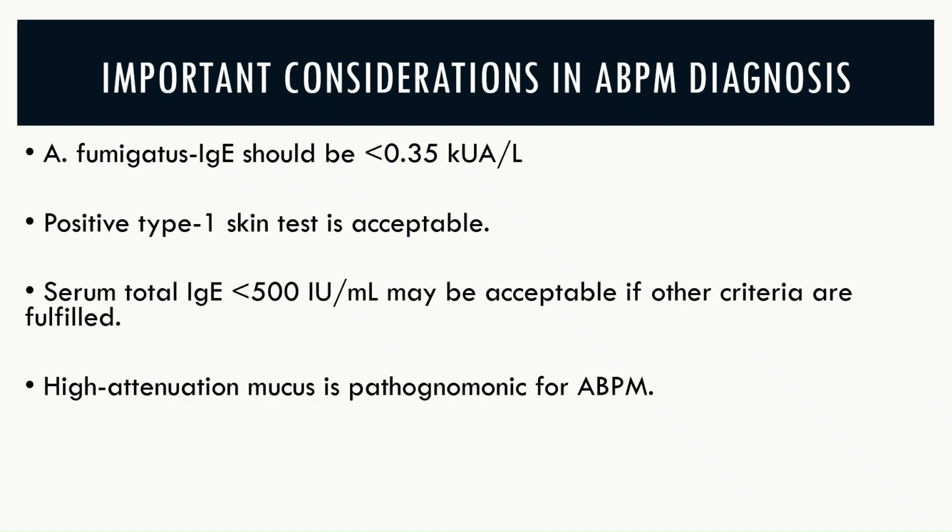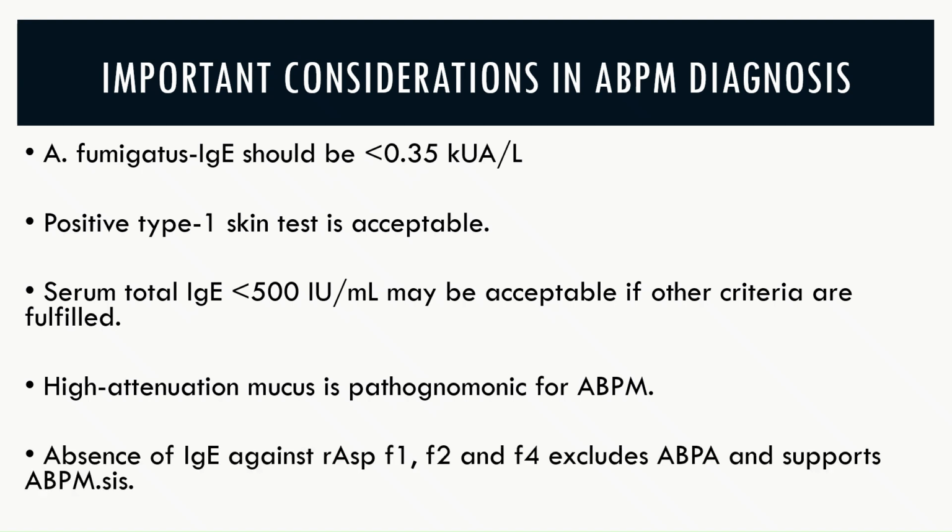High attenuation mucus is considered pathognomonic for ABPM. Finally, absence of IgE antibodies against recombinant Aspergillus antigens such as rAsp f1, f2, and f4 excludes ABPA and strongly supports the diagnosis of ABPM.